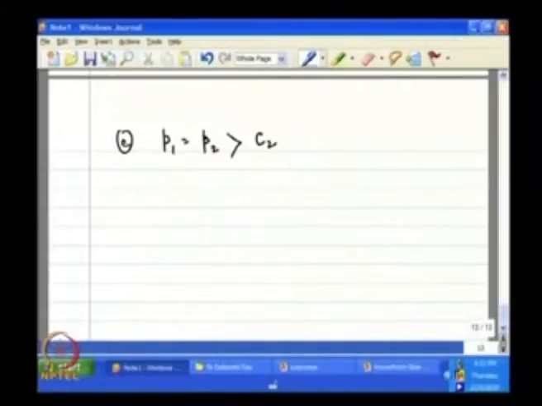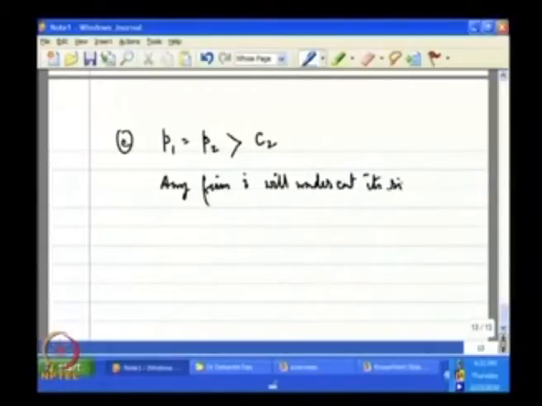But in that case, any firm can undercut its rival, that is, charge a price a little less than P1 equal to P2, get the entire market and earn some positive profit, which will be greater than this positive profit. So that is there.